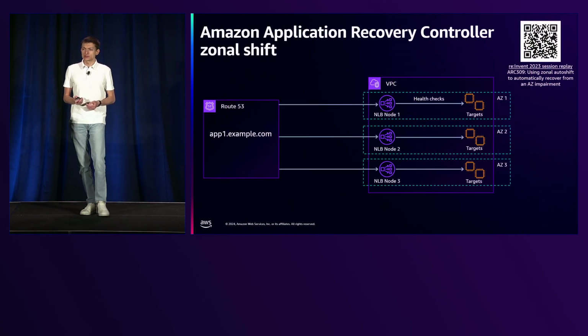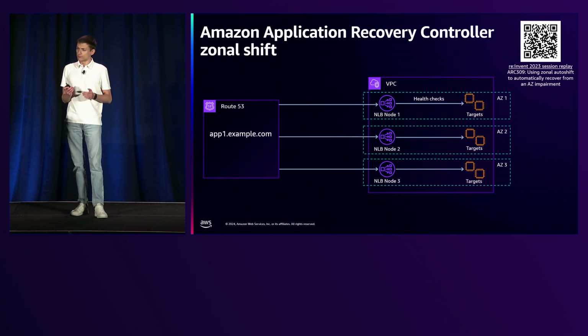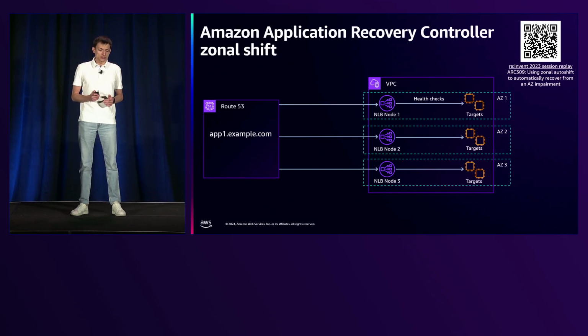Okay, let's talk about Amazon Application Recovery Controller, or ARC. This is my most favorite networking feature on AWS. So we have our application behind a load balancer, and we set up monitoring, and we started noticing that the latency for one of the availability zones is higher, or we have an increased rate of errors.